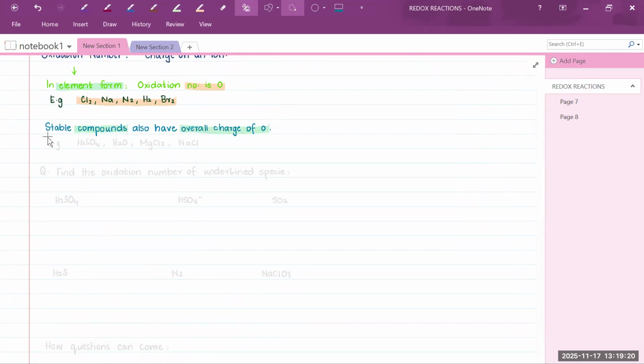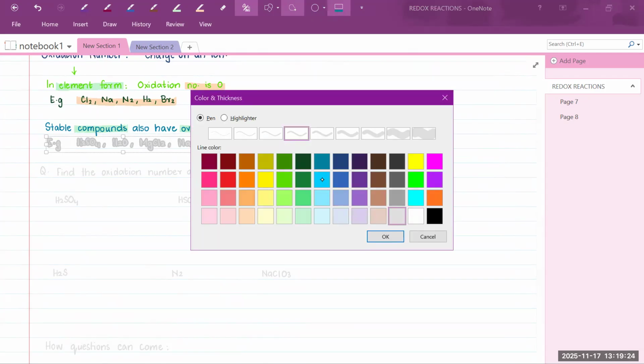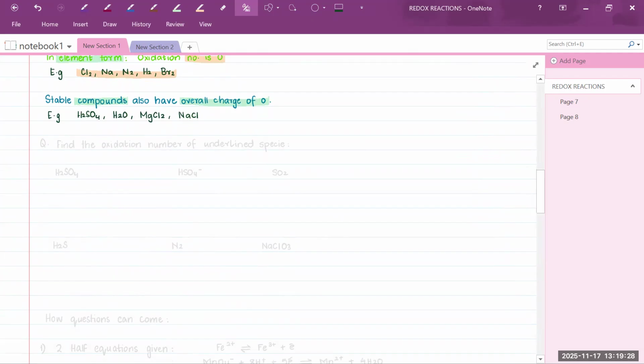For example, you have H2SO4. The overall charge on this compound will be 0, not on separate elements in H2SO4.